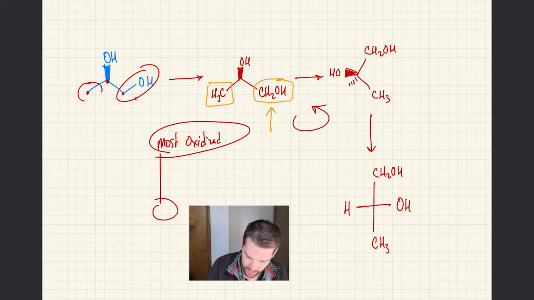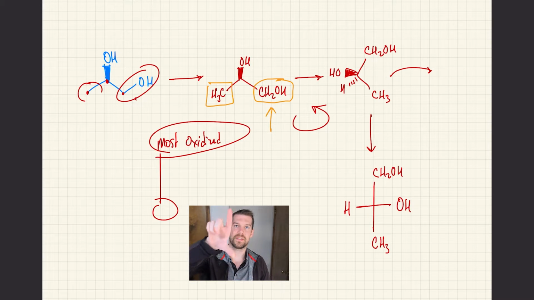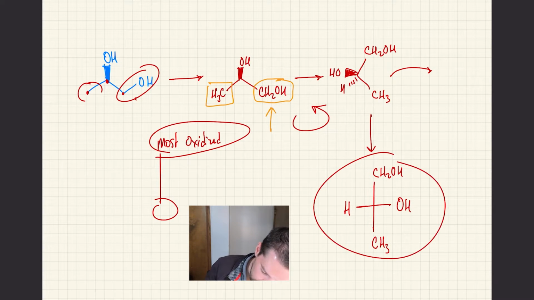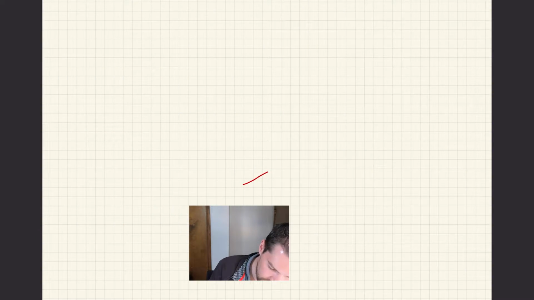This is to the back. And you can see all I did was bring it from the side to facing me like that. All right, so there is a successful Fischer projection for that one. Let's move on to the next.